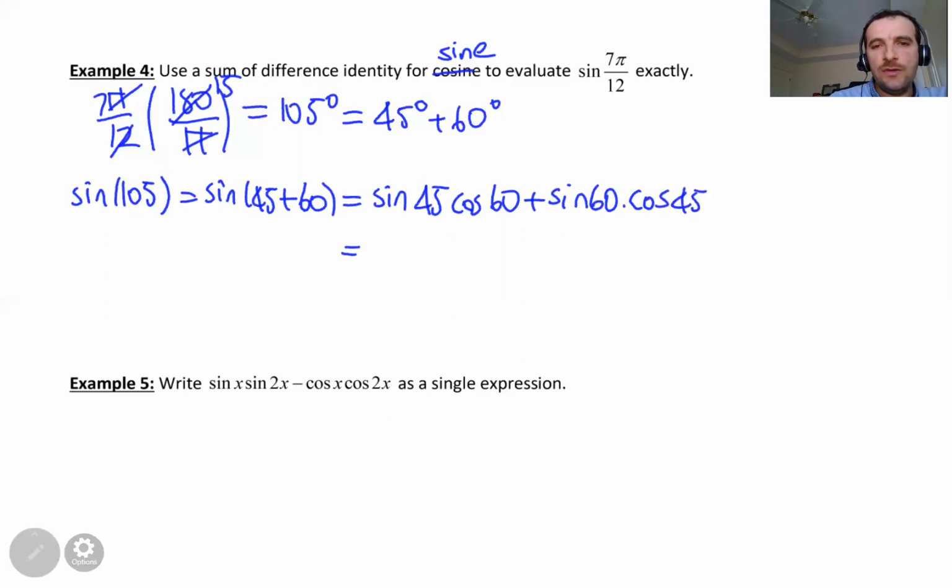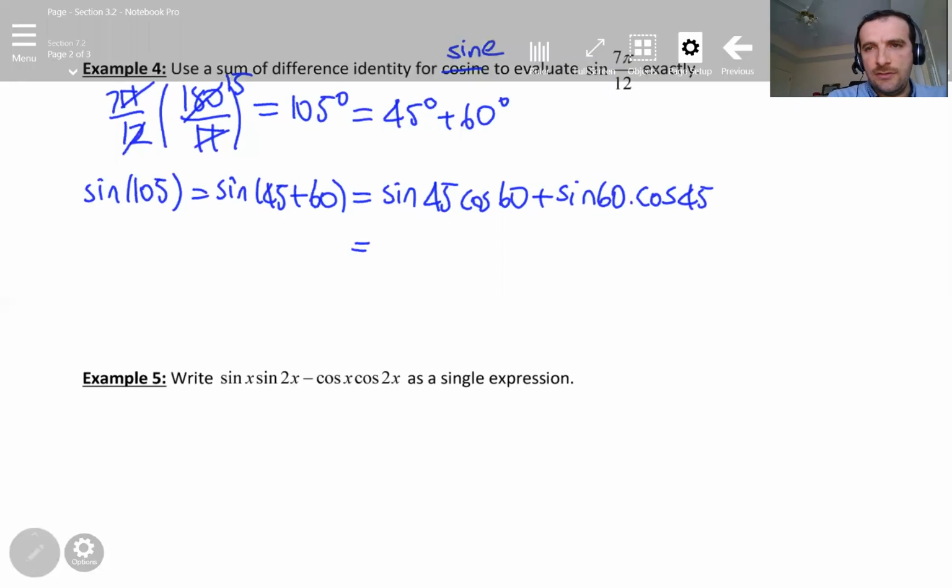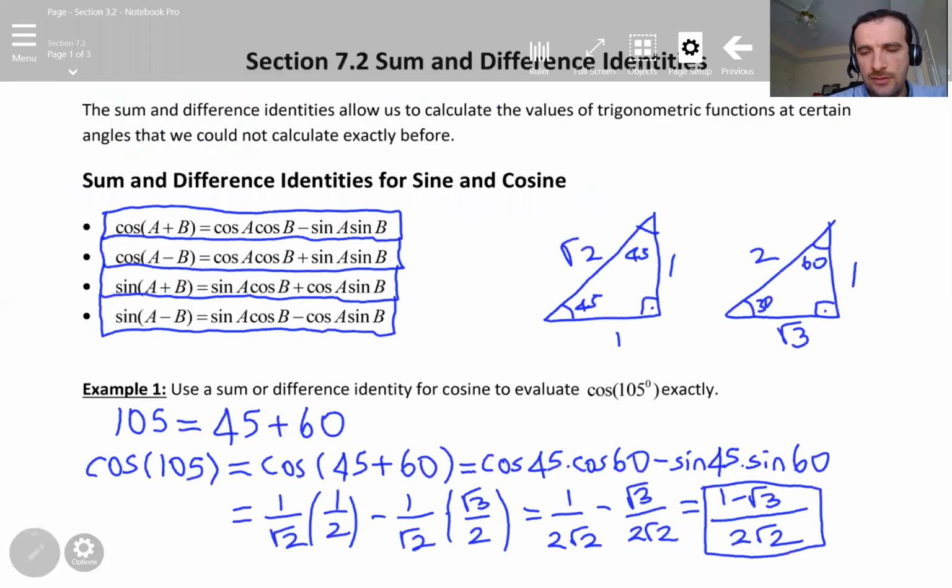And we already know what these are, right? Sine 45 and cosine 60, sine 60 and cosine 45. We did that in the previous video. Maybe I can show you quickly what they are. So, yes, here. Sine 45 is 1 over root 2, cosine 45 is again 1 over root 2. Sine 60 is root 3 over 2, and cosine 60 is 1 over 2.